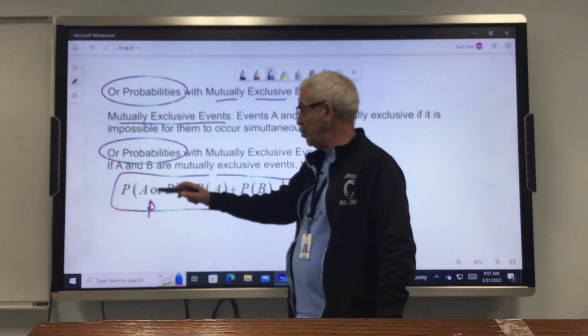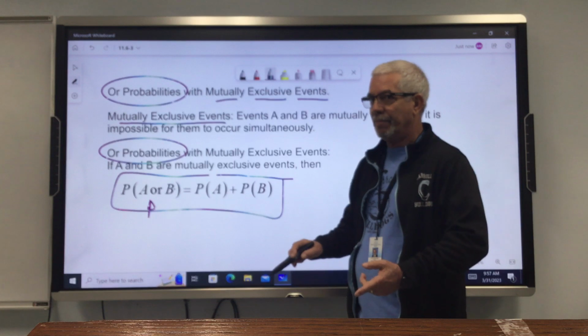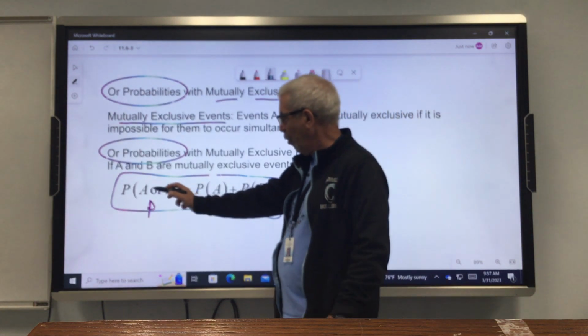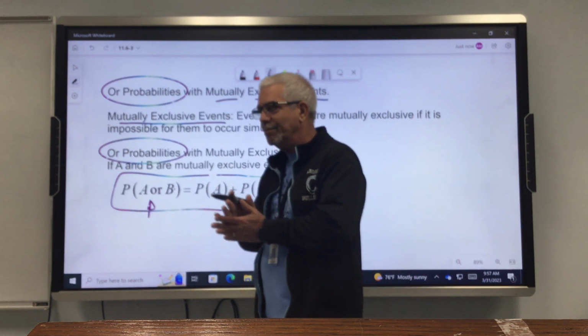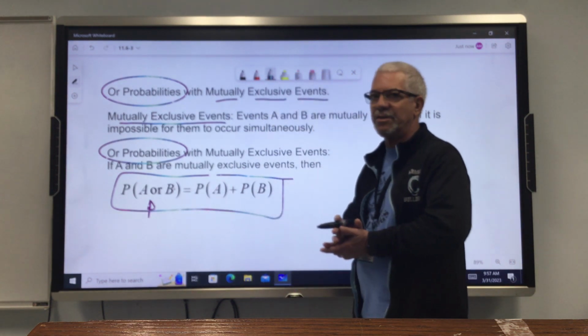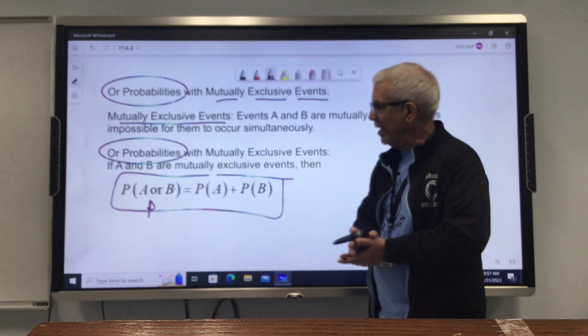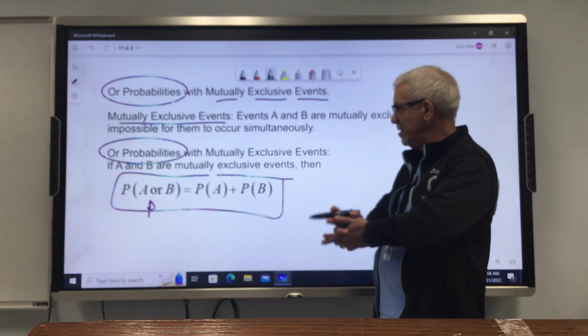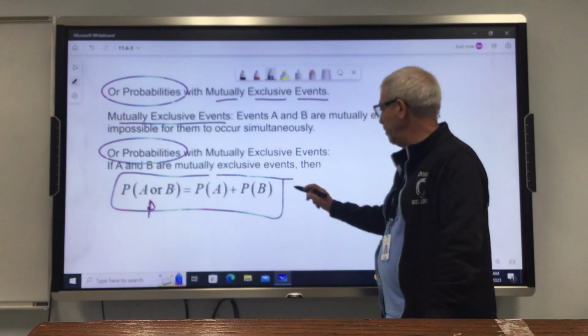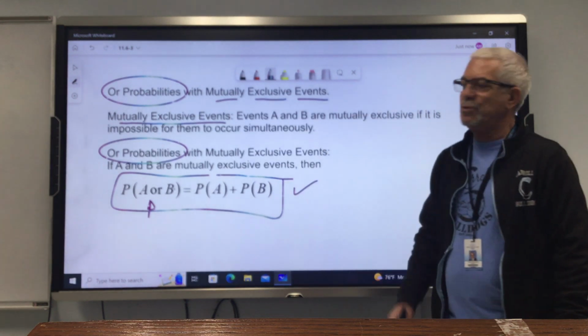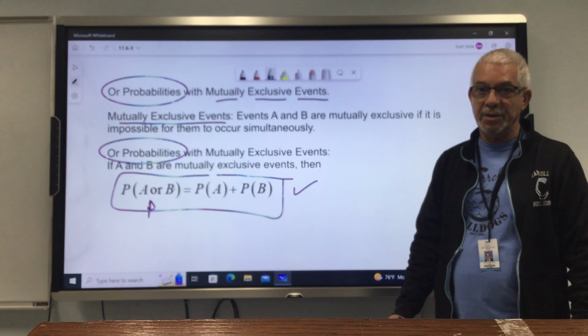Because after we are going to see a formula when it's "and". Then we have different formulas. For "or" is this one. And remember that "or" is union and "and" is intersection. Very simple, the formula. And we are going to see an example now of how to use it.